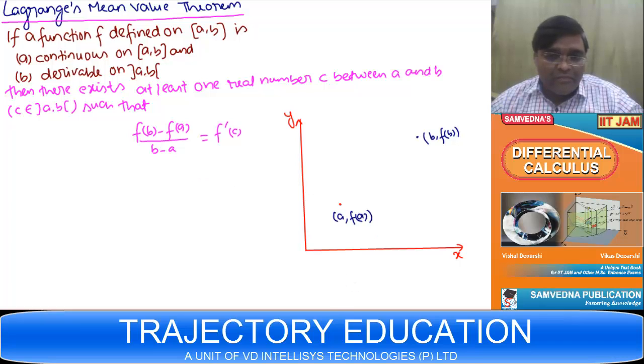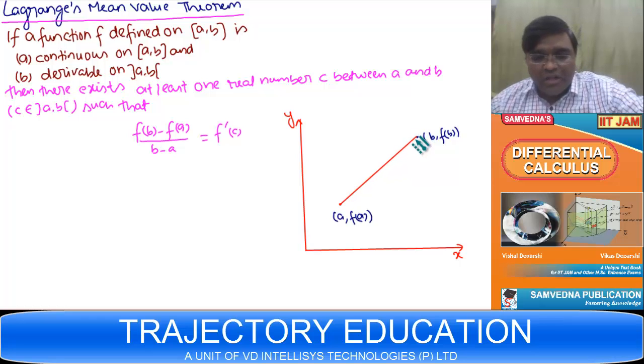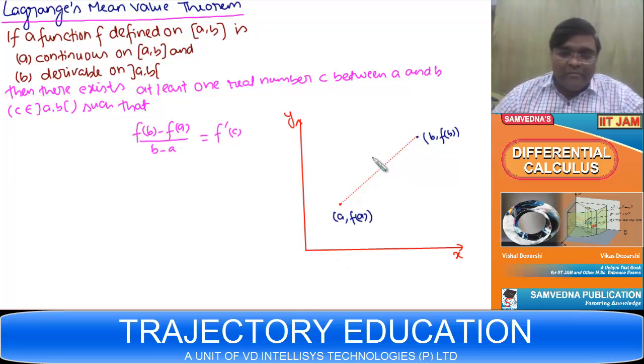This will obviously be the slope of the line joining these 2 points, right? Or I should draw it, the slope of this line. Now it says (f(b) minus f(a)) upon (b minus a) is the slope of this line joining these 2 points.